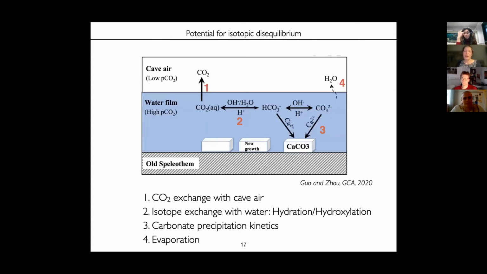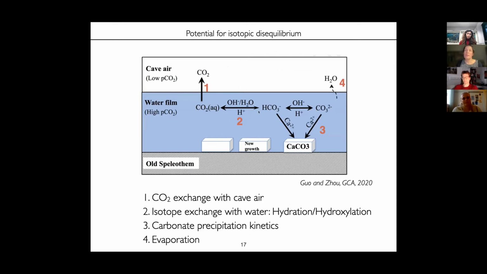The reason why we have disequilibrium effects here, I think you've probably heard quite a bit about disequilibrium for oxygen isotopes already. So I'll just mention this briefly, but we do have the effect of CO2 degassing from the solution. And then we have exchange of CO2 between the solution and the cave air.